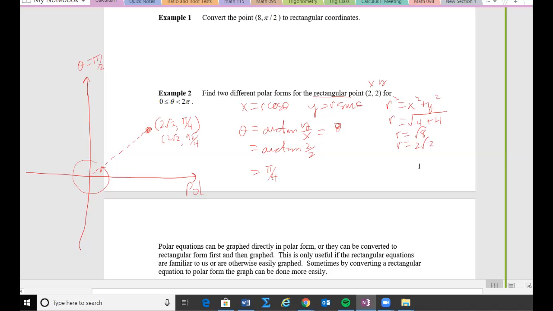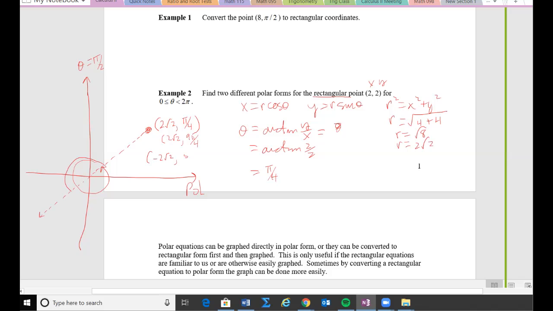Okay, let's go only halfway along that ray, but then go backwards here. In other words, I'm going to go out 1, 2, 3, 4, 5.